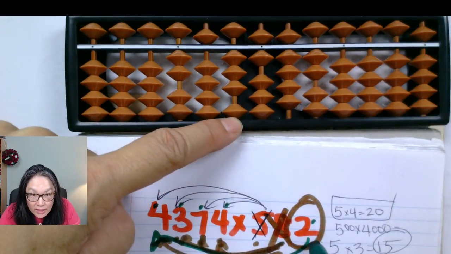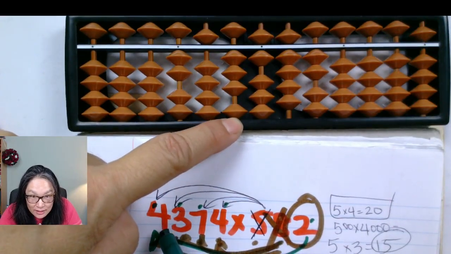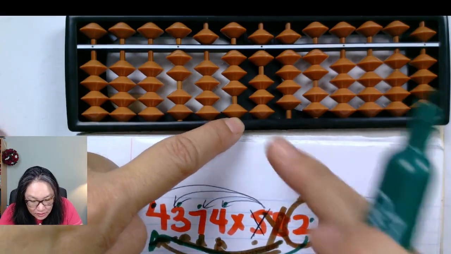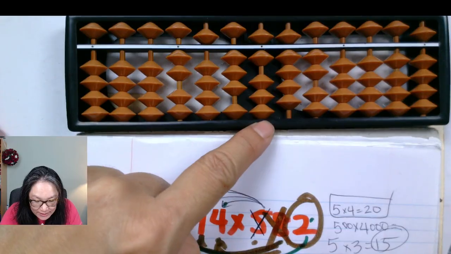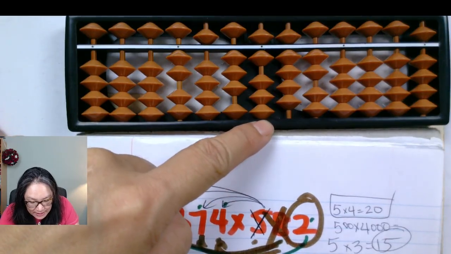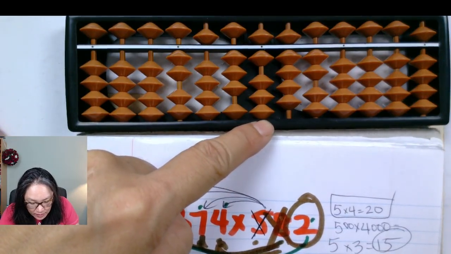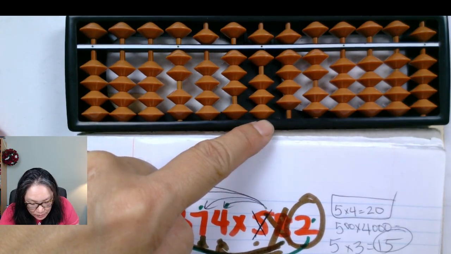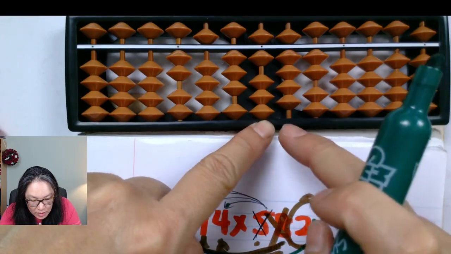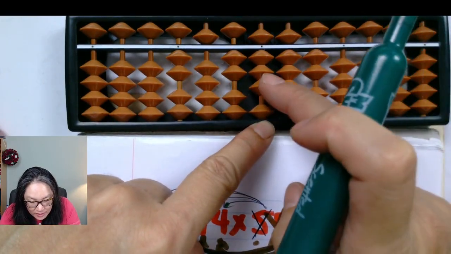So 2 times 4 is 8. 8 is a single digit. I go back one column and I add 8. There's not enough. Minus 8 is equal to minus the 10 plus the 2.